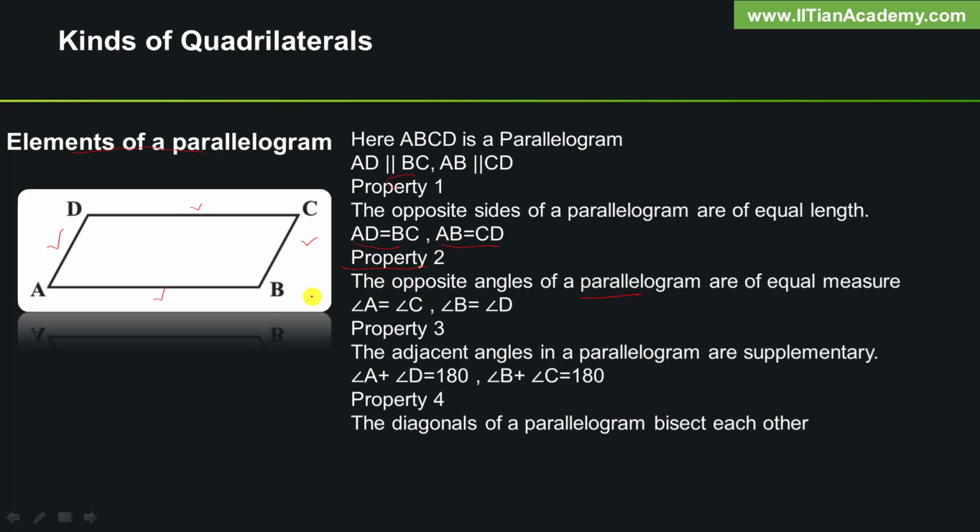Hence, angle A equals angle C and angle B equals angle D. The adjacent angles in a parallelogram are supplementary, meaning A plus D equals 180 and B plus C equals 180.